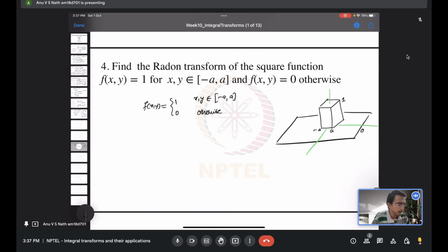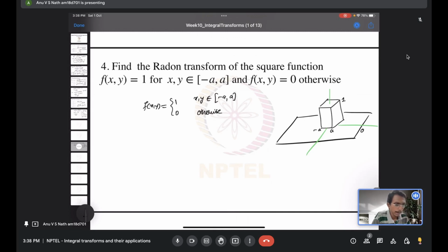So this is the function, and basically the function is valid when x is from minus a to plus a and y is from minus a to plus a. The function has a definite value of 1. Outside that interval it is 0. That's the meaning of the function.